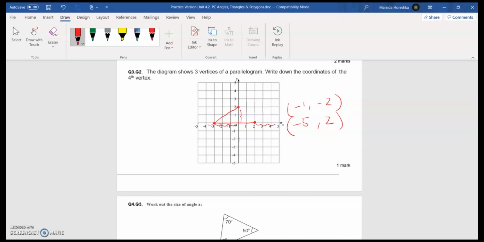So that's the other point, and that would make another parallelogram. So this is point 5, comma 2. You only need one of these, so 2 coordinates only, either this or this or this.